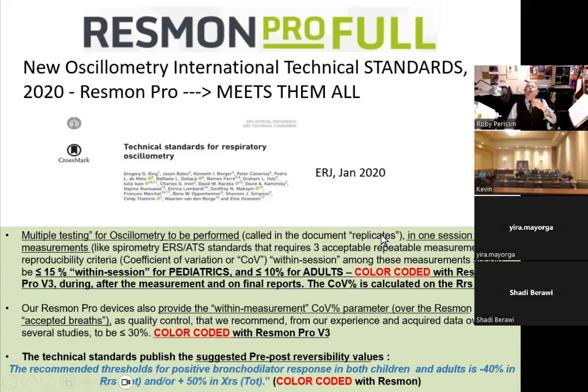Here you will see where it's working, on the small airways or on the large airways. And again, I underline it, all at normal tidal breathing. This is the very important thing about oscillometry.